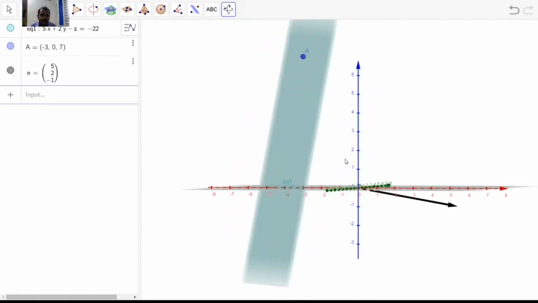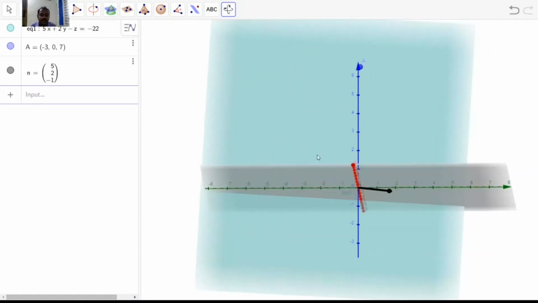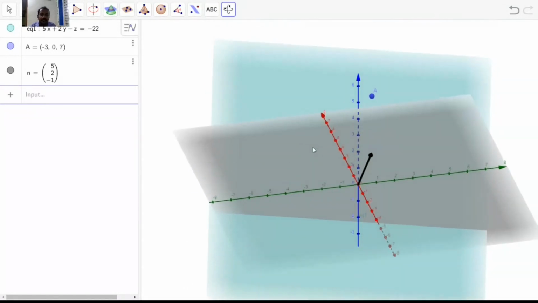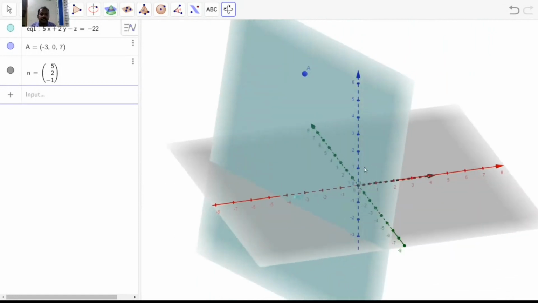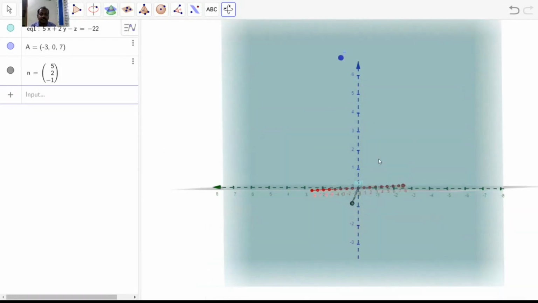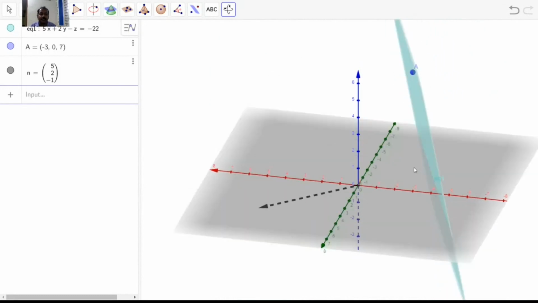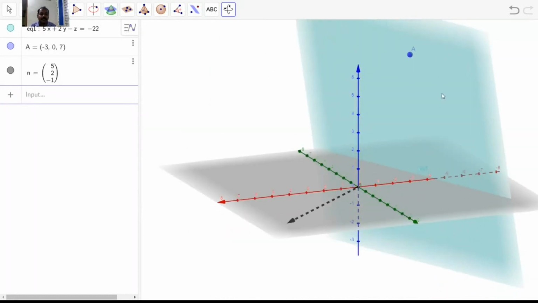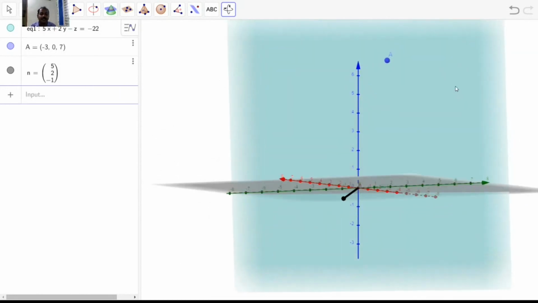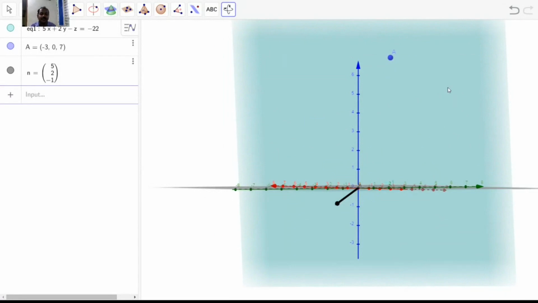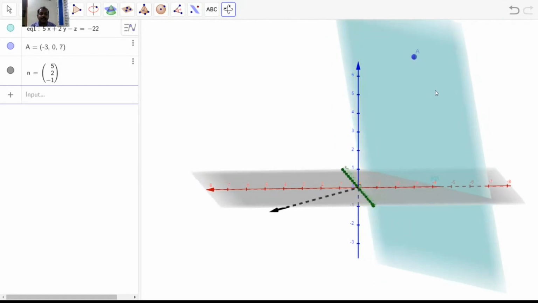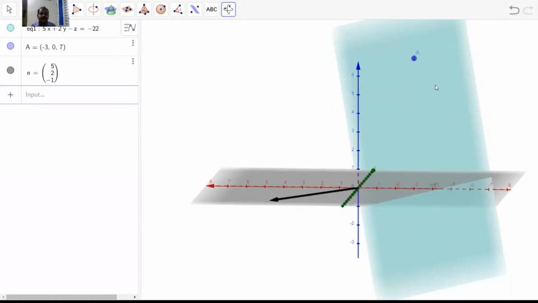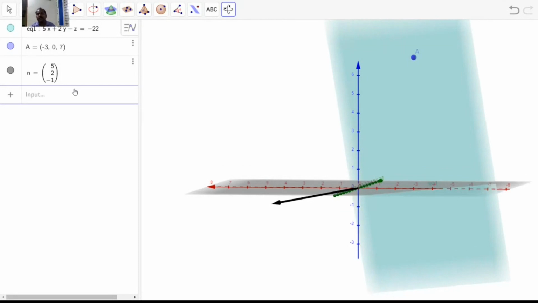So you can see that that vector is like this, and you can see it is perpendicular to the plane. Okay. So this is the situation. This blue plane is our plane, and this vector is pointing towards you. Now it is more clear. This is the situation. So this vector is perpendicular to this plane.